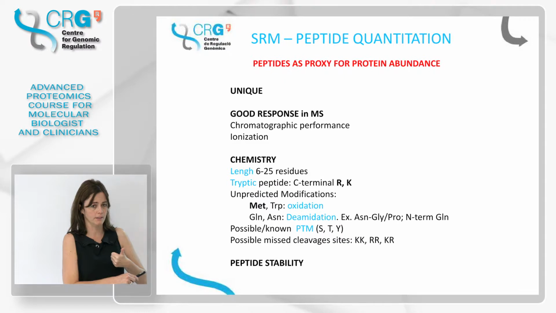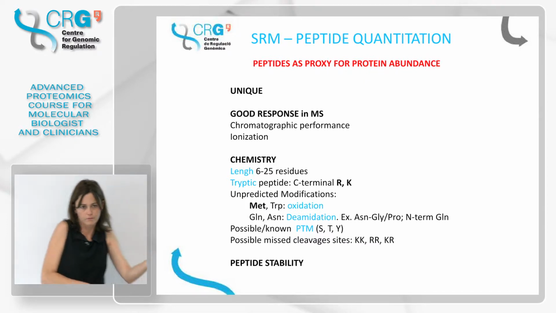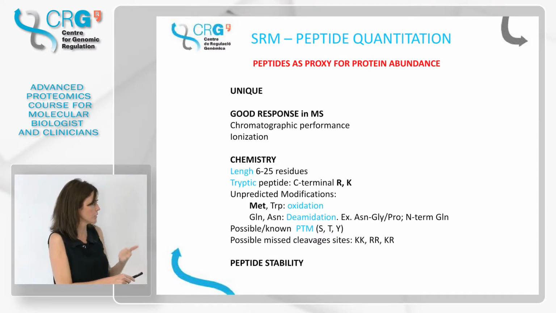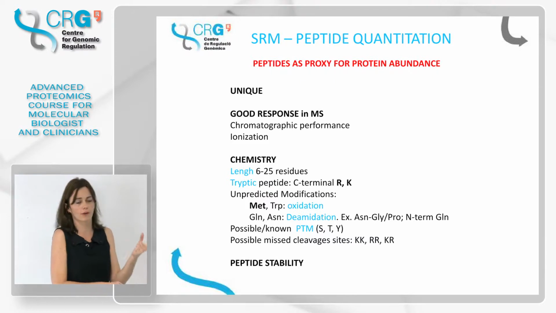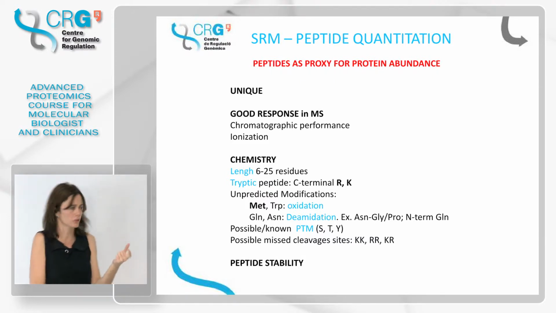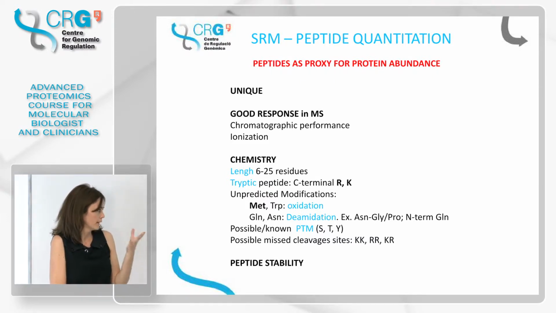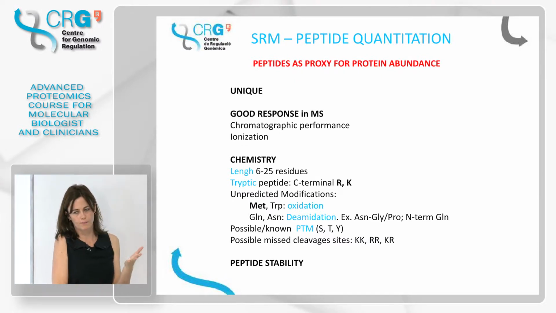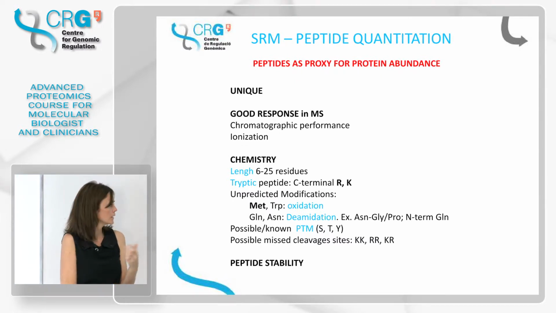Can I see this peptide? Because when we digest a protein, some peptides we see, some we don't. It needs good ionization and the correct length for the mass spectrometer. Tryptic peptides are always the peptides of choice.